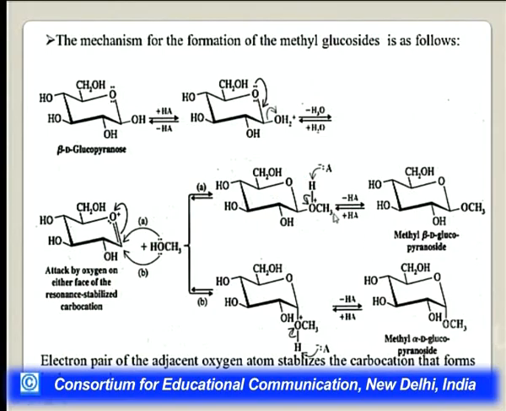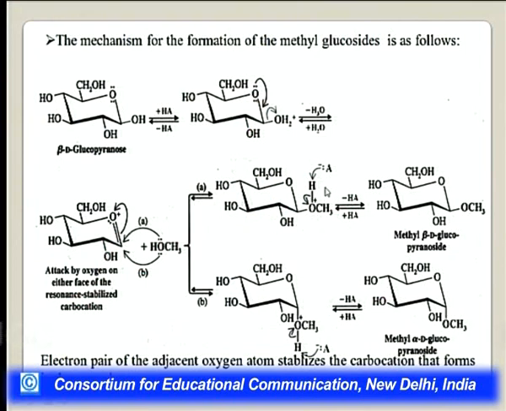It was, and now it is not, but it was the anomeric carbon, and the attack by oxygen can be on either face of the resonance-stabilized carbocation. So it can attack on this side and this side, both sides, and you will get these kinds of structures. By the attack of this base A negative, you will get this kind of structure. So this is the mechanism of how it takes place.